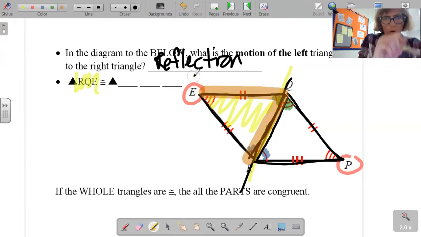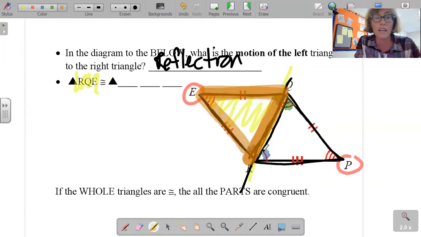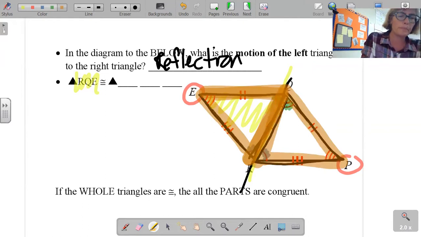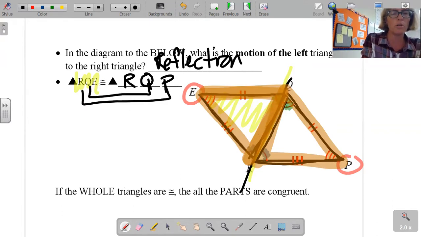RQE. I didn't put my finger on the paper. RQE is like this. It's single, double, triple. Therefore, you must go single, double, triple, which would be RQP this way. Single matches with single, double matches with double, triple matches with triple. Single, double, triple.